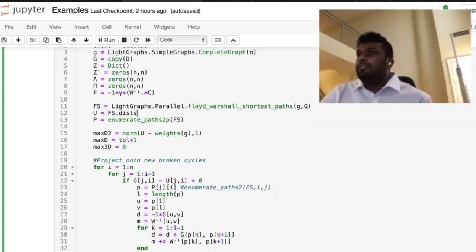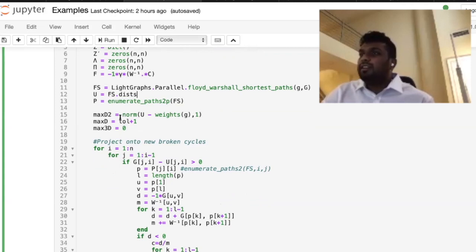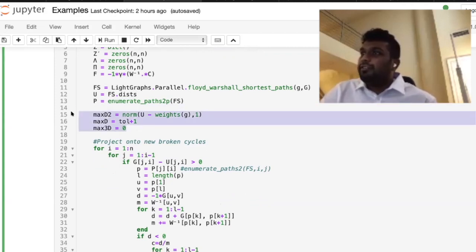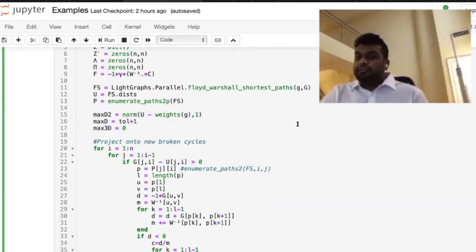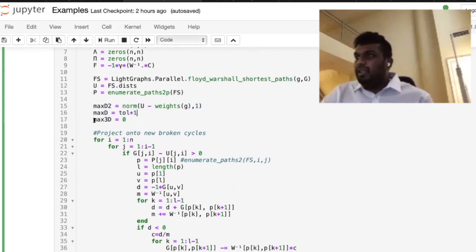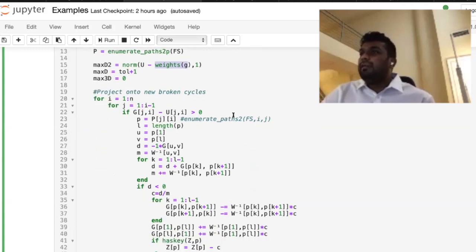Okay. Right, so we just compute these objects. Again, these are just metrics to see whether you converge, how far we are. In particular, this is your distances, and this is your weights. And this I'm just looking at what the L1 difference is between that. Okay.